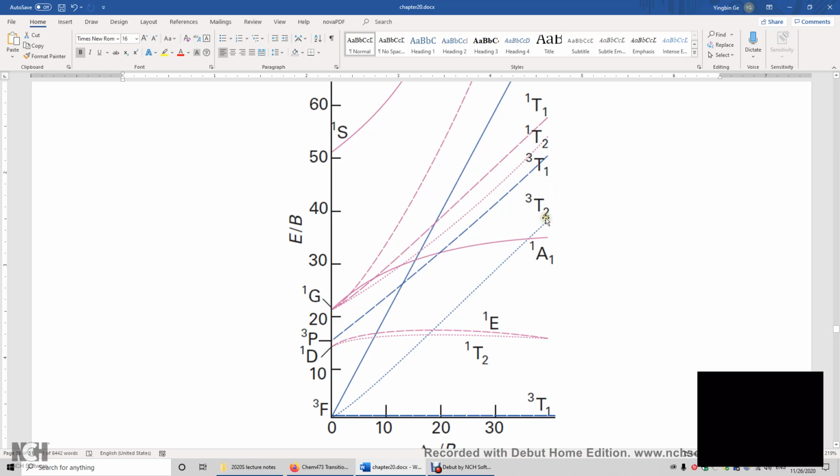However, over here, the value of B is smaller than the value of B here. The reason is, when you have a free transition metal ion, you have a larger B. When you have multiple ligands surrounding this transition metal center, the d electrons are slightly dispersed into the ligands.